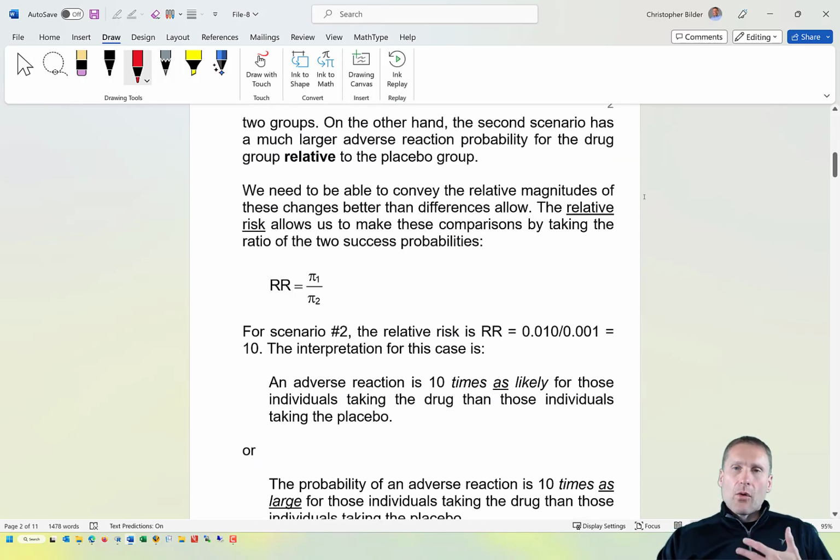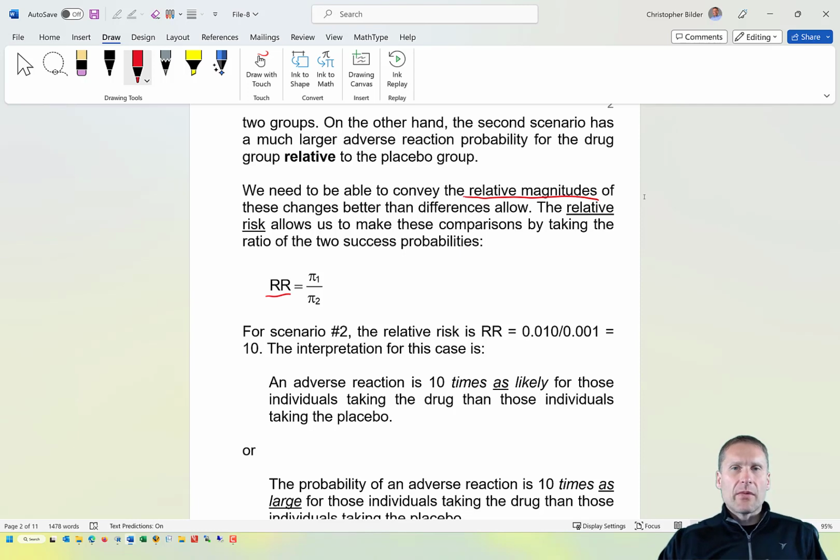So what the relative risk allows us to do is help us to understand the relative magnitudes of these changes of these probabilities across the two different groups. The relative risk is formally defined as, let's say, RR, and it's equal to pi1 divided by pi2.